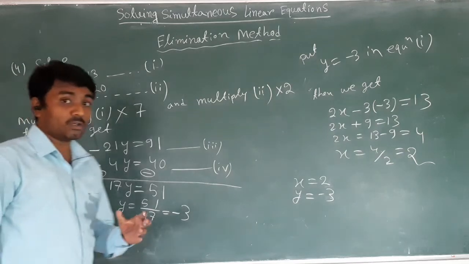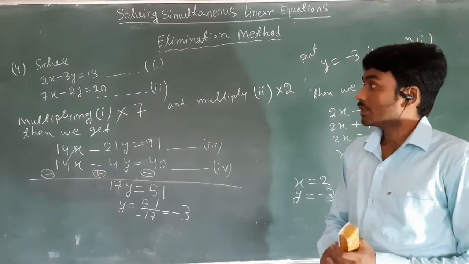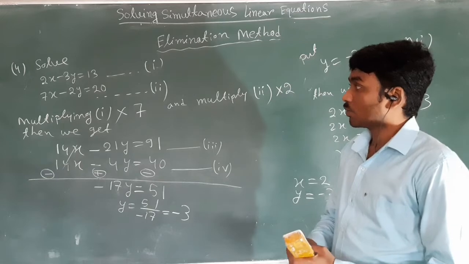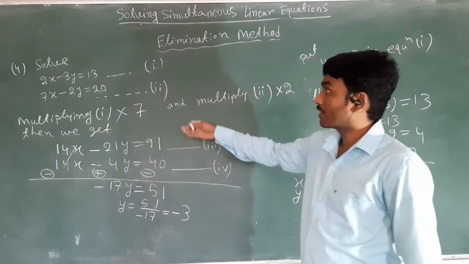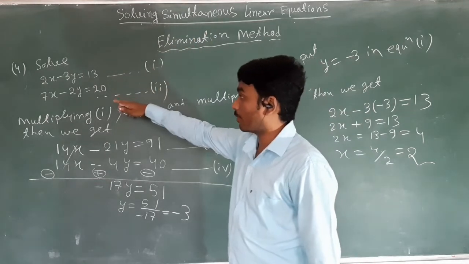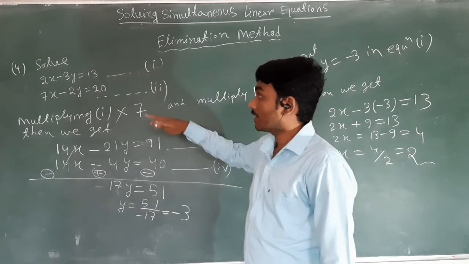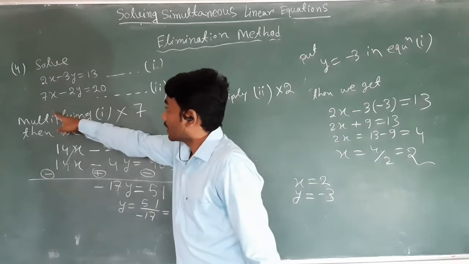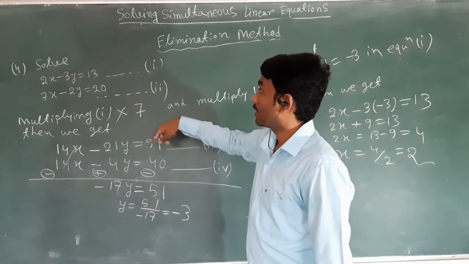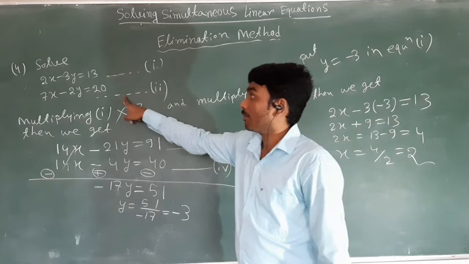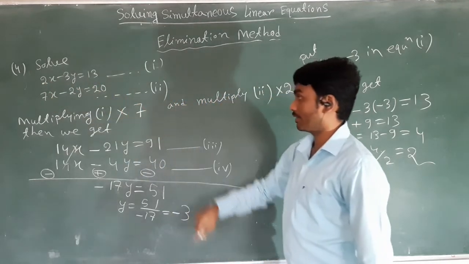So in elimination method, first we make numerically equal coefficient of both the equations by multiplying equation 1 by the numerical coefficient of x in equation 2, and multiply the second equation by the numerical coefficient of x in equation 1.